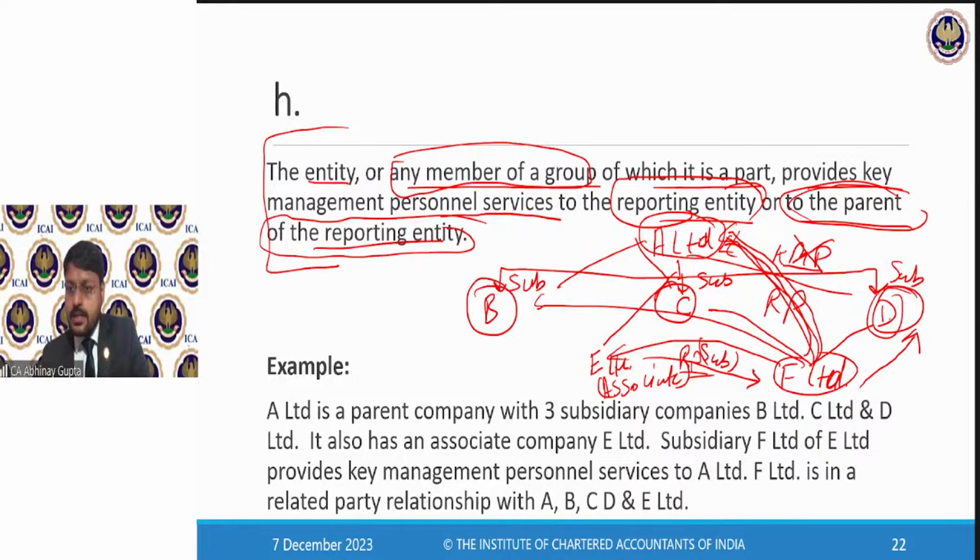So if the reporting entity is D and it is providing services to D, then they will be related. If it is not providing services to D, but it is providing services to the parent of D, then again they are covered. They will be related, right? Clear?